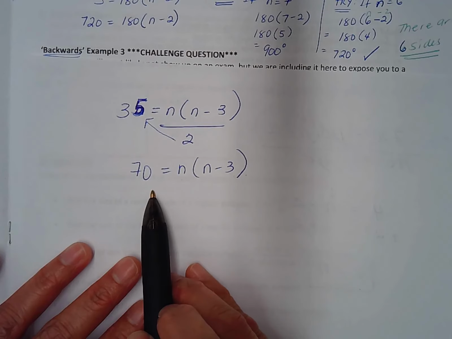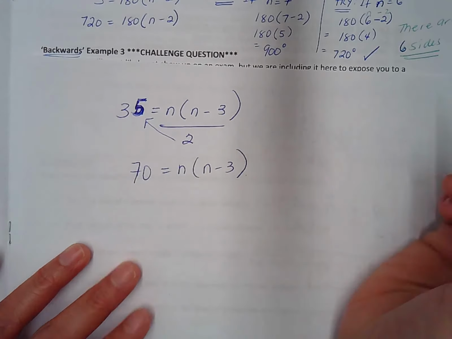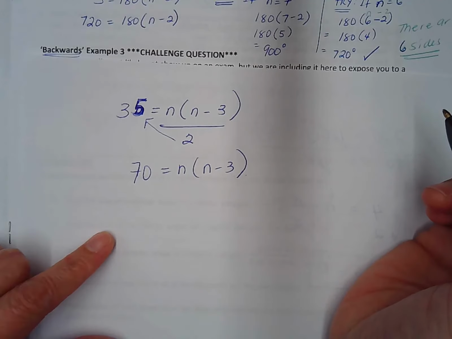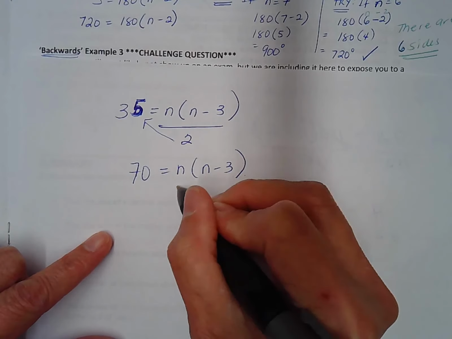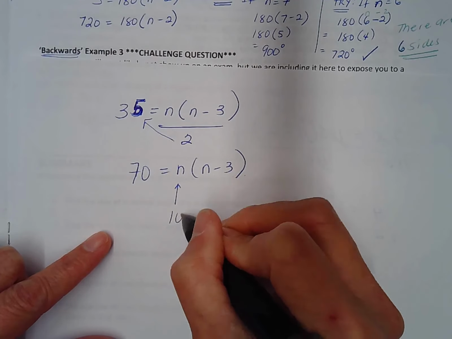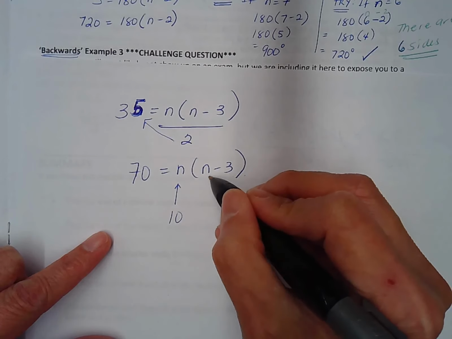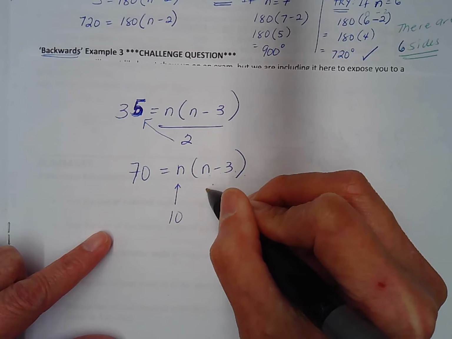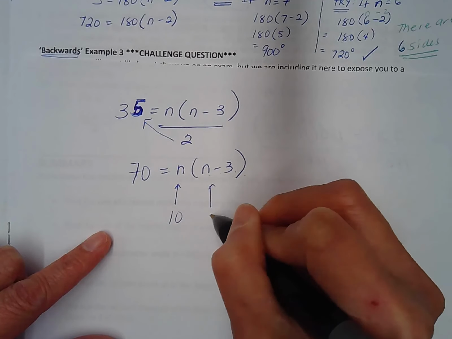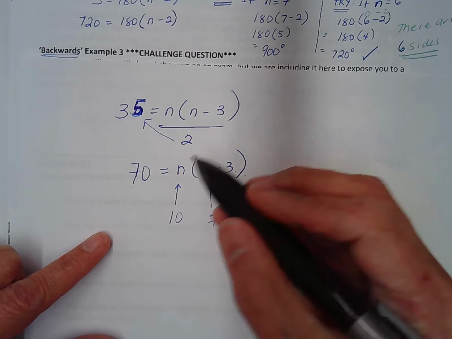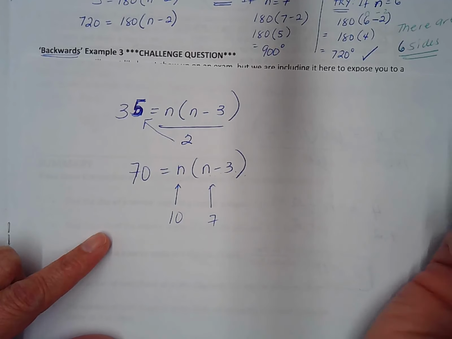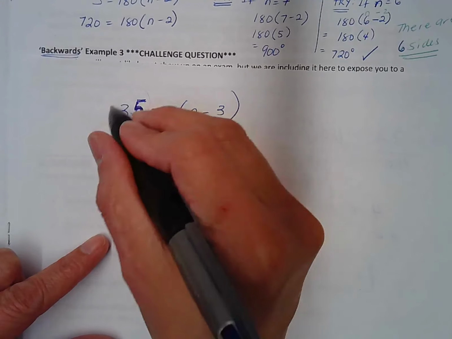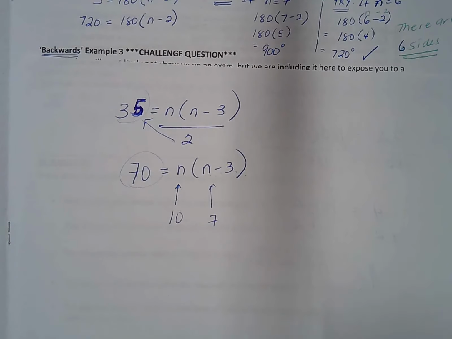Can you think of it? This one has to be 10, and then this is going to be 10 minus 3, which is 7. That's the only number combination that makes 70. Cross multiplying gives you all of the lines.